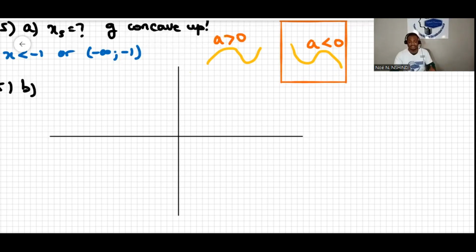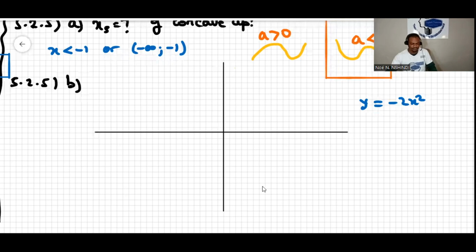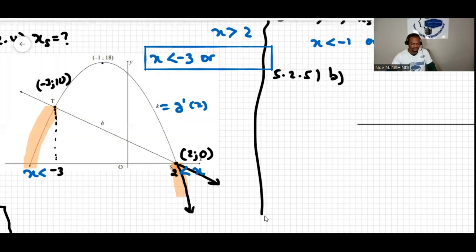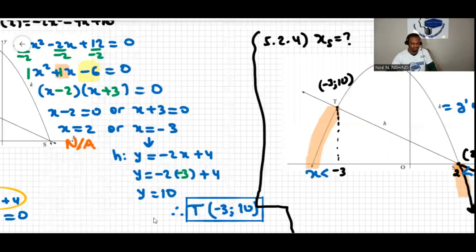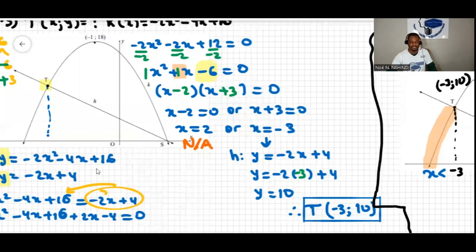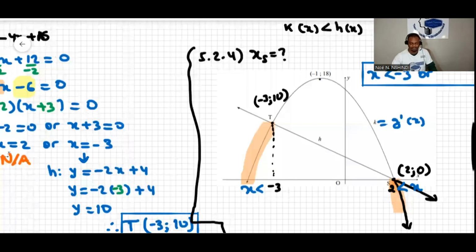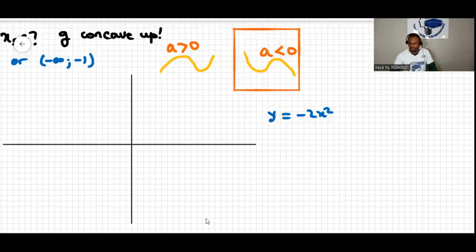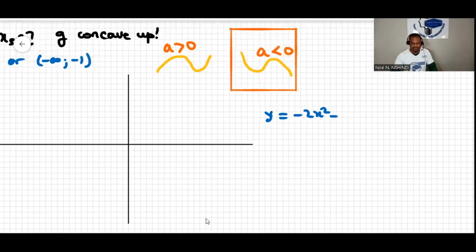Now let's list some important points. The graph itself, as we've seen, is given by -2x squared minus 4x plus 16, and this is g prime of x.